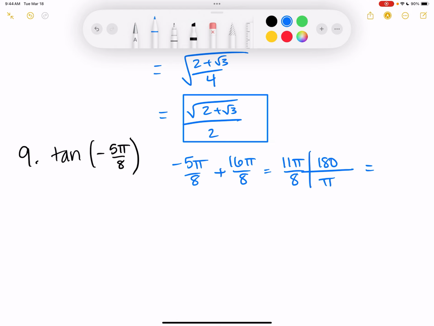Doesn't it give you the same answer though? No. I just said I would do this first. Oh man, it's going to be a hard one. What's 11 times 45?